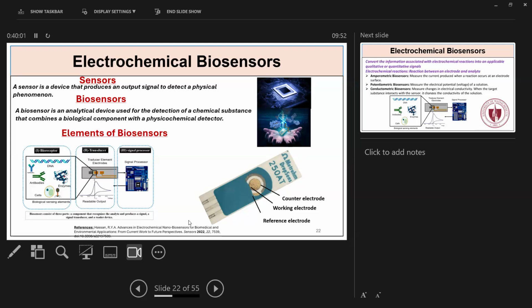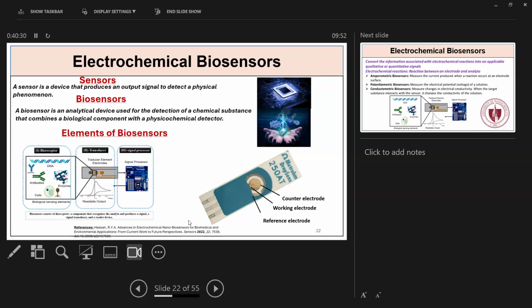We are focusing on electrochemical biosensors. As we know, a sensor is a device that produces an output signal to detect changes in a physical phenomenon. We have pH sensor, temperature sensor, humidity sensor, everything, just to give you an output signal for the detection of the physical phenomenon.